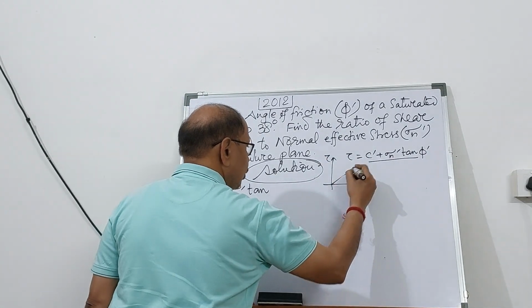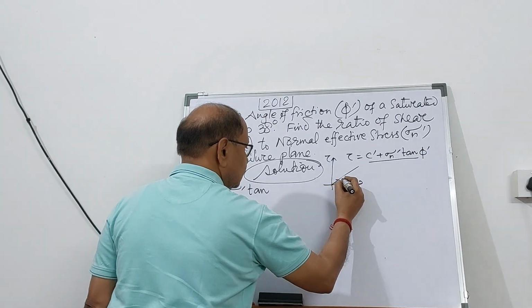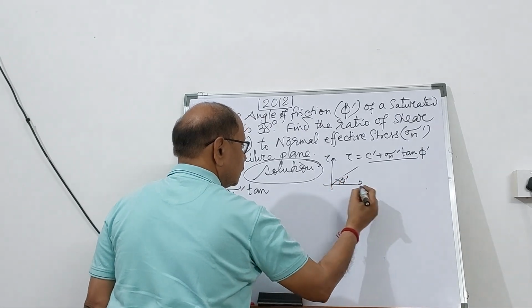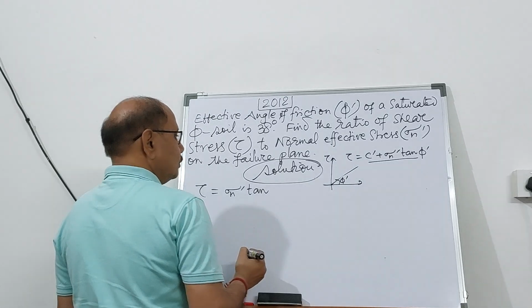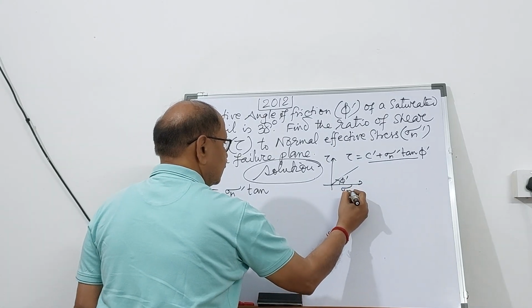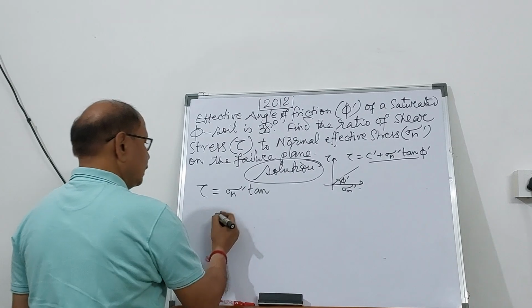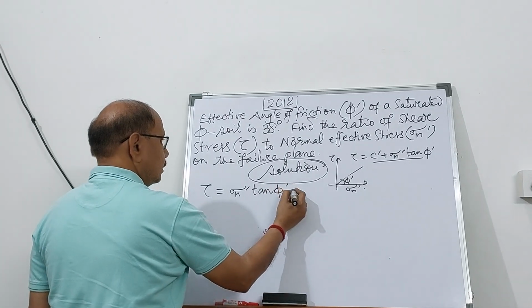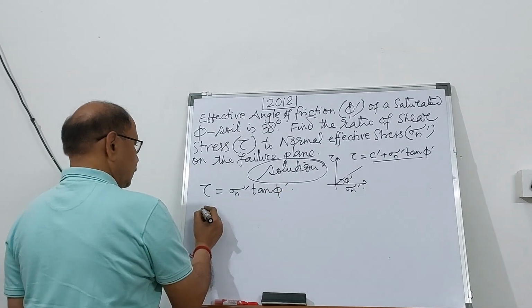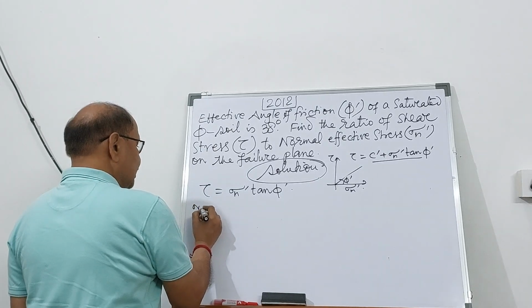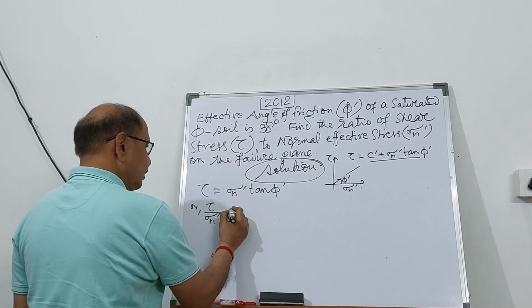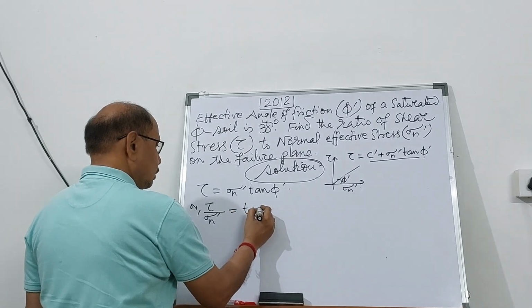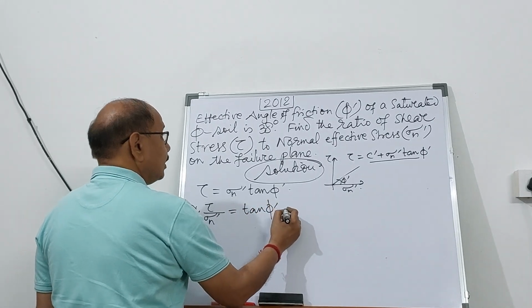C prime will be 0 for sand. So we know that, or we can say tau upon sigma n prime equal to tan phi prime.